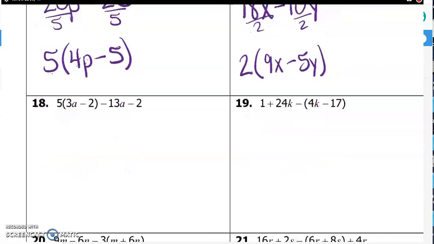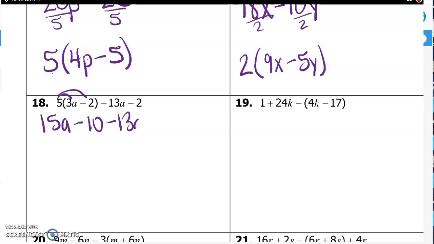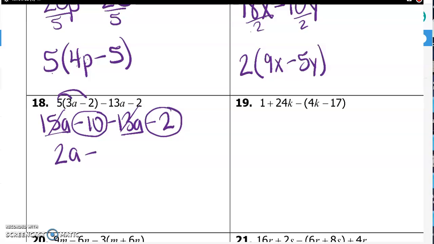For 18, first we need to distribute. So 15a minus 10 minus 13a minus 2. So again, we always distribute first to get rid of the parentheses. We have to multiply first. Then we can combine our like terms. 15a minus 13a gives me 2a. Negative 10 minus 2 gives me negative 12.